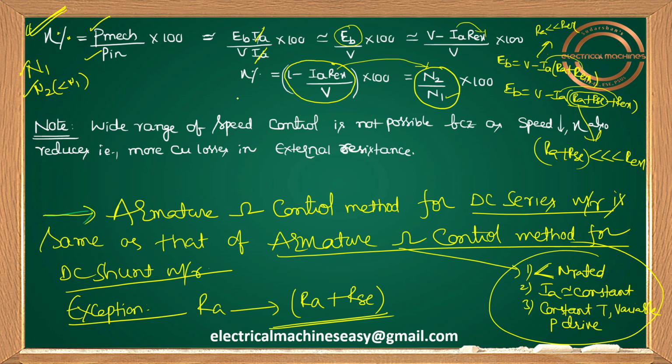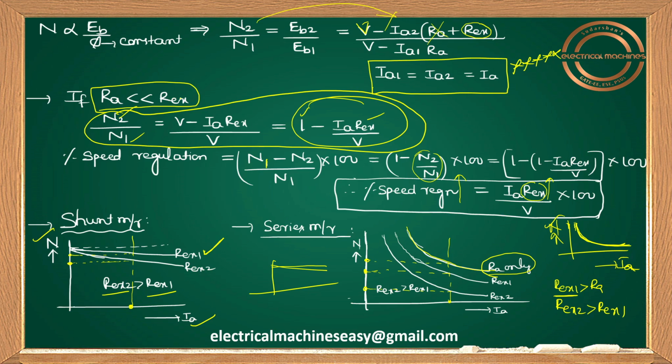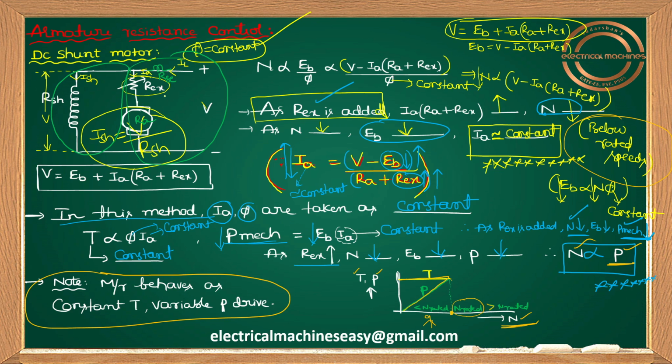The efficiency will be reducing. When will N2 reduce, when you get very low speeds? If your Rex value is more, by adding a very large amount of Rex, your speed will be very less. That is not desirable.